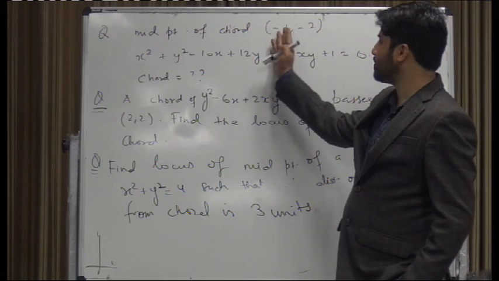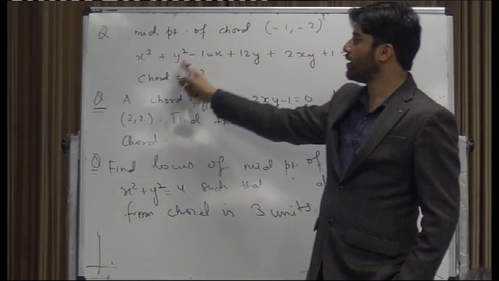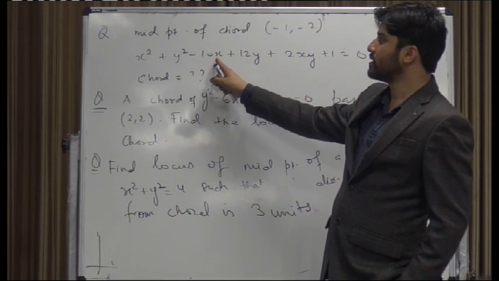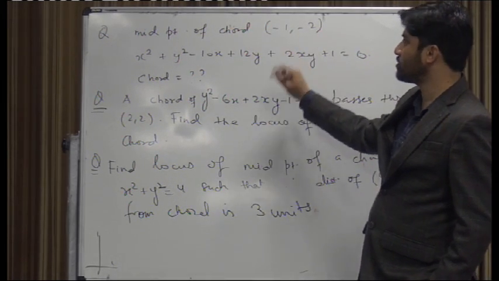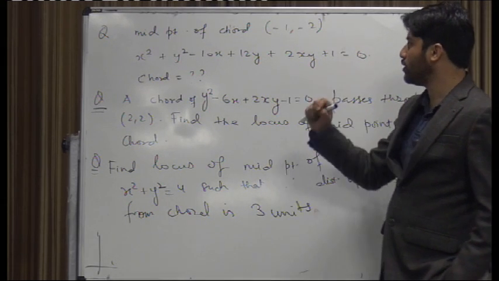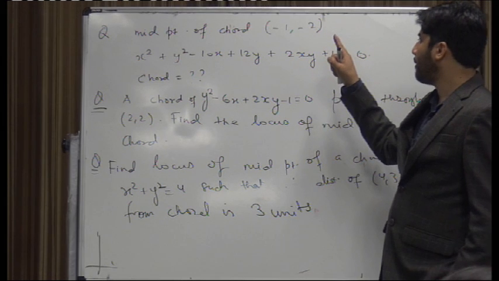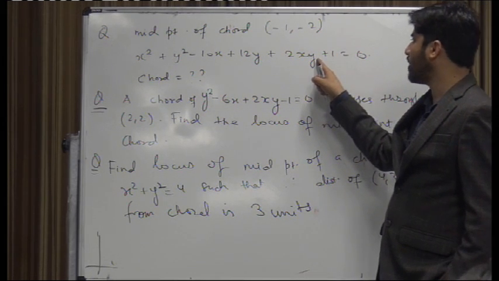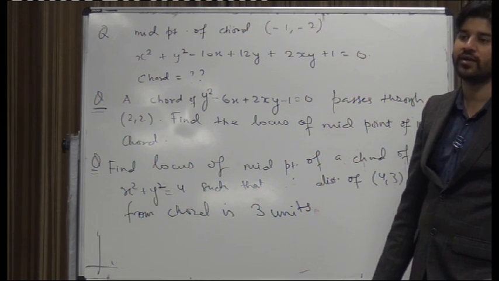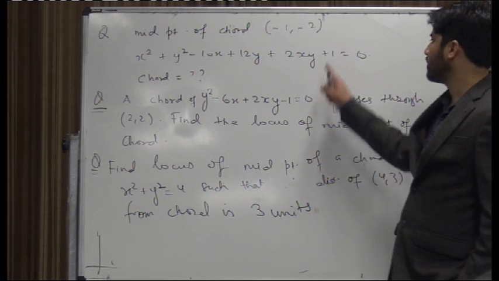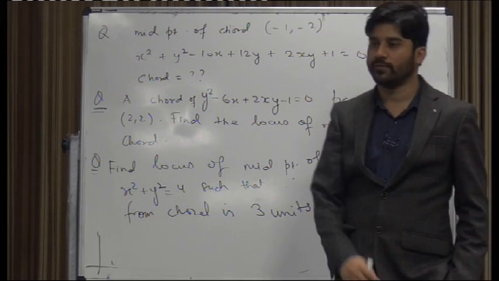So you can simply replace x square by minus x, y square by minus 2y, minus 10 into x minus 1 by 2 plus 12y minus 2 by 2 plus 2 into minus 2x minus y by 2, x1y plus y1x by 2 plus 1 is equal to 0. So that would be your chord.